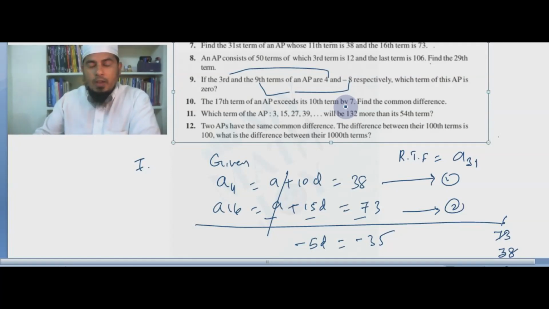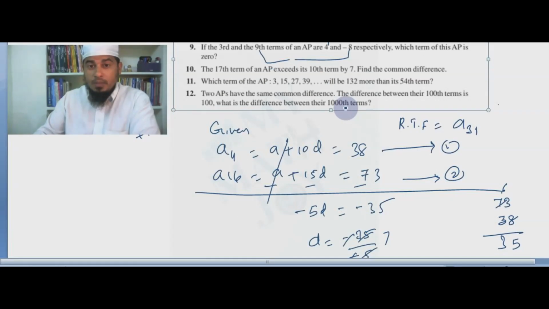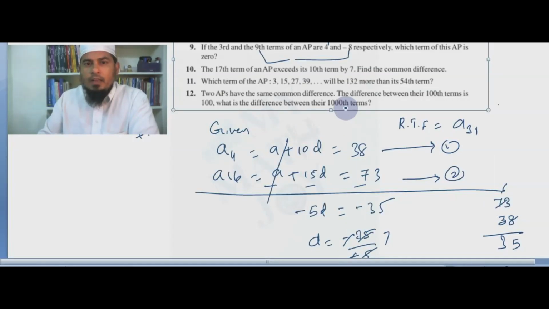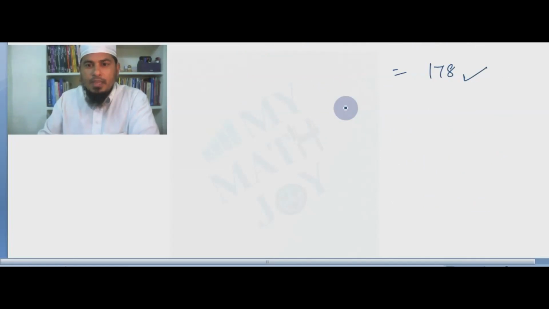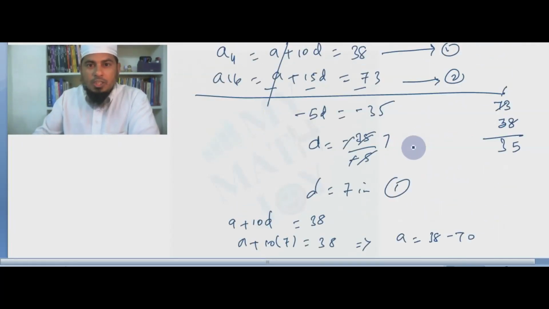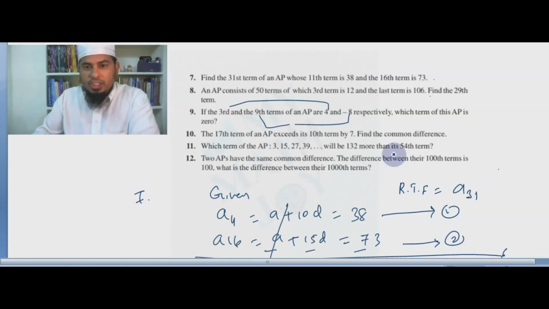And when we convert, we can see it is an arithmetic progression type. According to the question, the 17th term exceeds its 10th term. Exceeds means plus, decreases means minus. Exceeds the 10th term by 7.